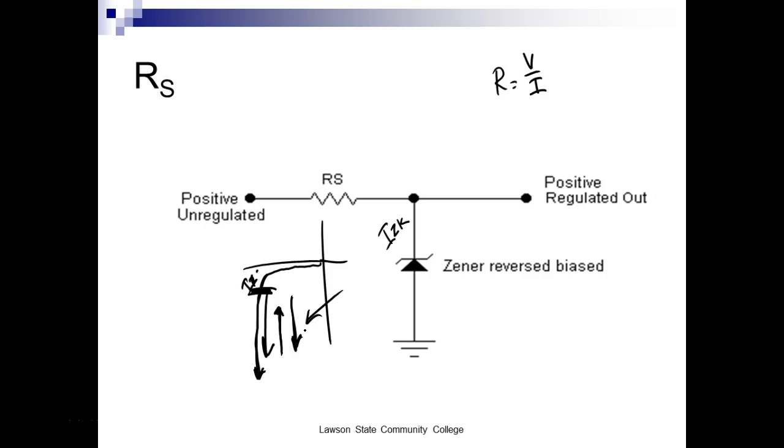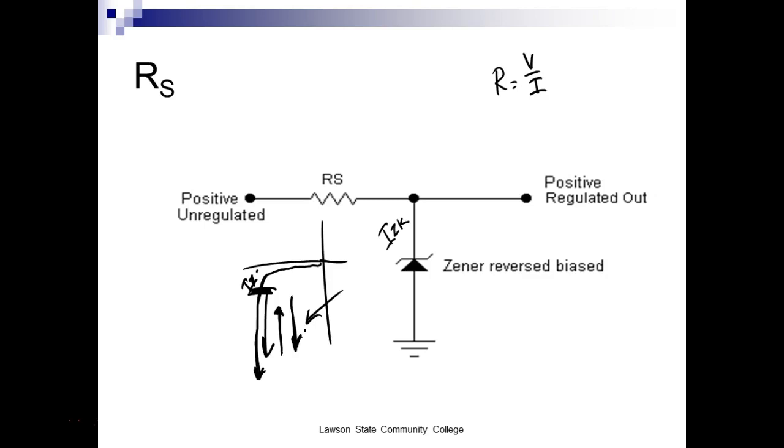We want to move away from it. So we're going to use our minimum load current to move it away from IZK. And we're going to use our maximum voltage to move it across RZ, away from IZK, right? Does that make sense? Everybody okay now?